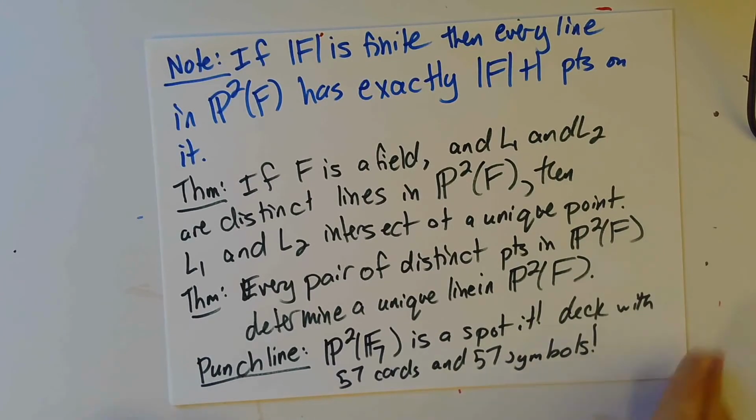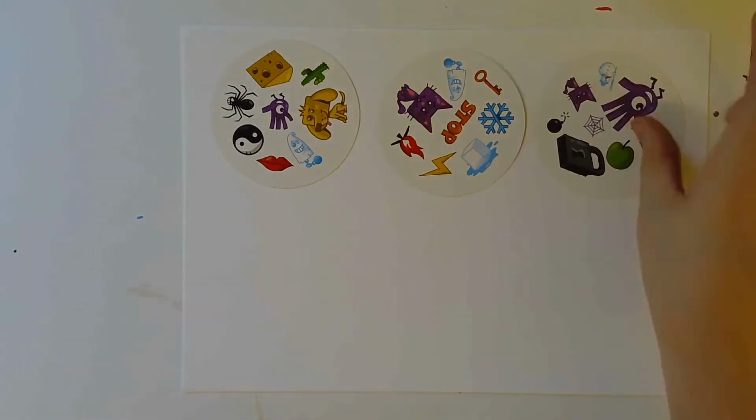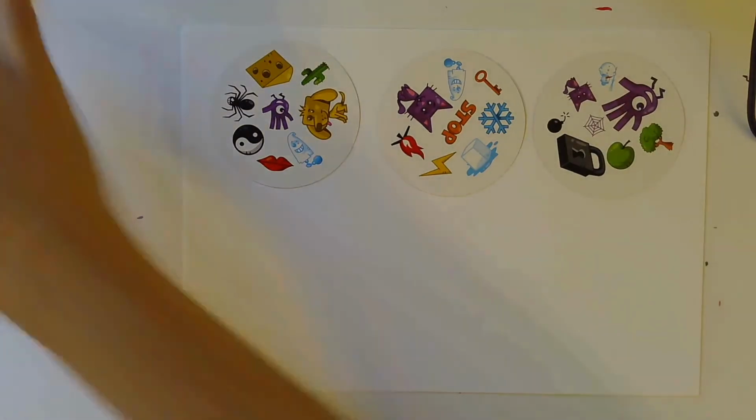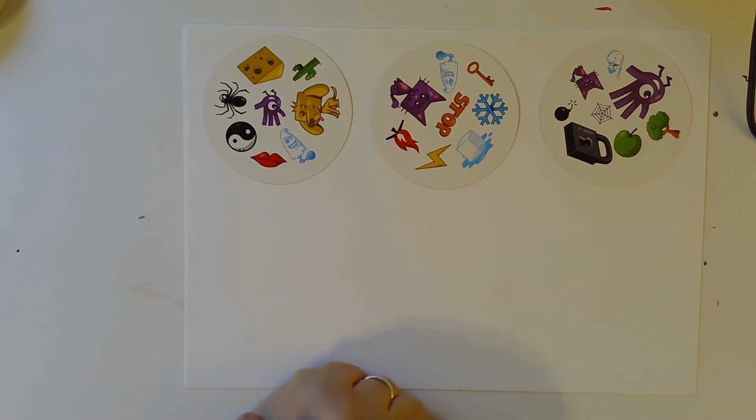Okay, so let's look at this. All of our cards, again, just to remind you, all of our cards here in a Spot It deck look like this. They all have 8 symbols on them, and every pair of them intersect in one of those symbols.